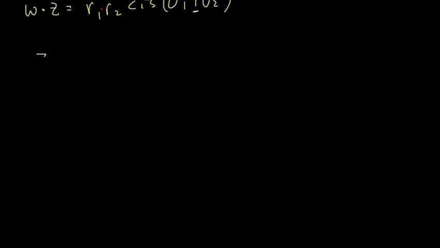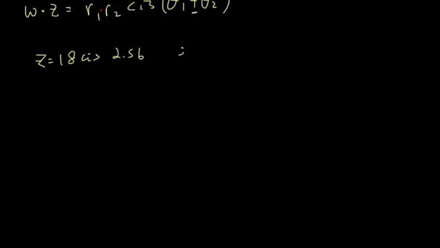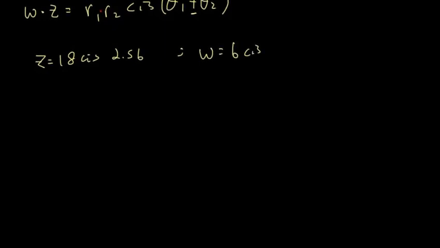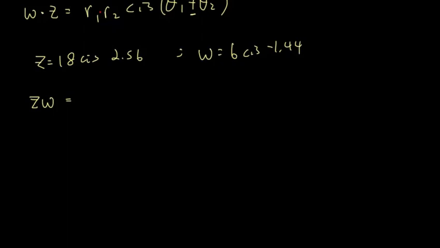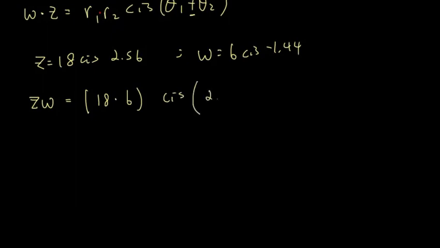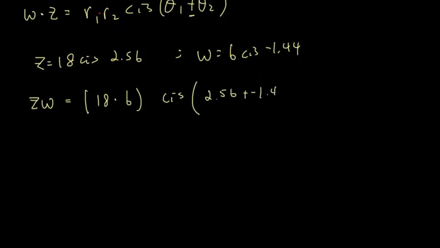Let's say we have z = 18 cis 2.56 radians, and w = 6 cis negative 1.44. So zw is equal to 18 multiplied by 6 cis, and then plus the angles together. So that's 2.56 plus negative 1.44.